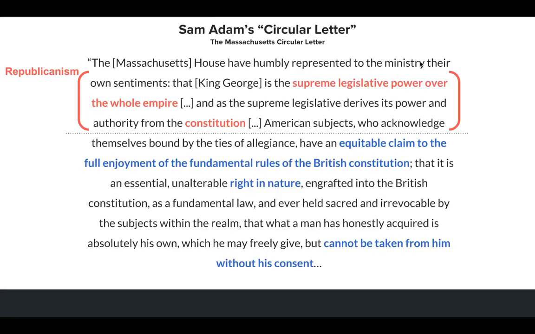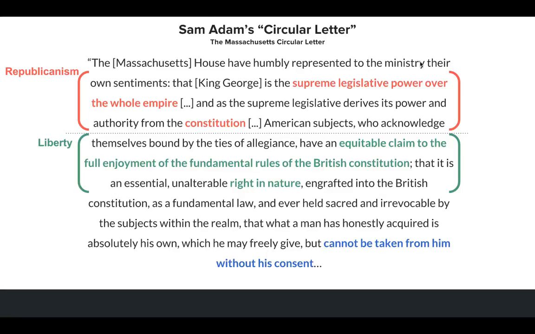And we've covered what republicanism is already in this course. And this is what Sam Adams is trying to communicate here: the idea of republicanism, that he and the House identify the fact that King George is in supreme power, and he's in supreme power because of the Constitution that we have agreed to. He then goes on and brings up the idea of liberty.